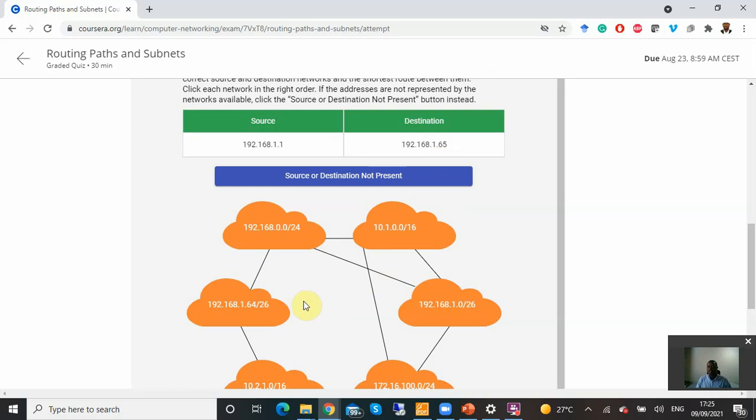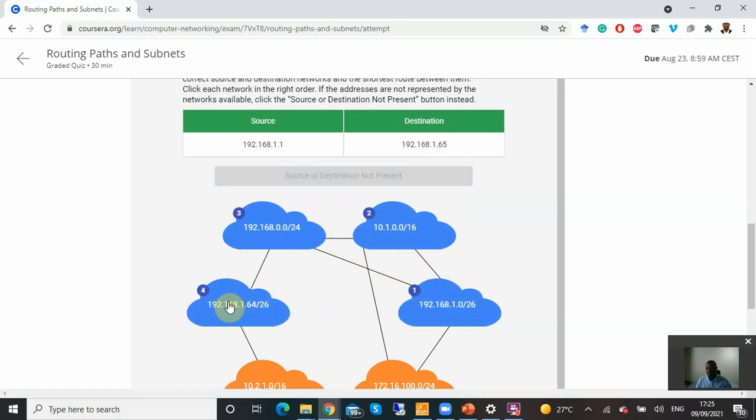So in order for you to get the correct path in this one, if you go like this, like this, like this, you can see it's 4, which will be wrong. But what you are looking for is the shortest path so far.